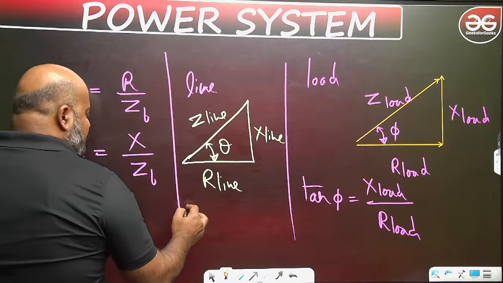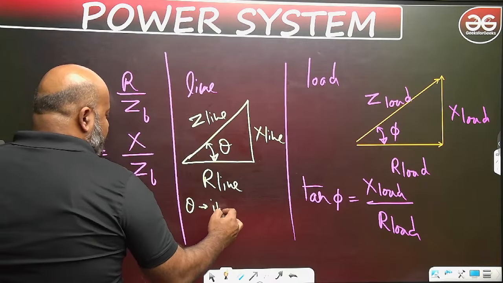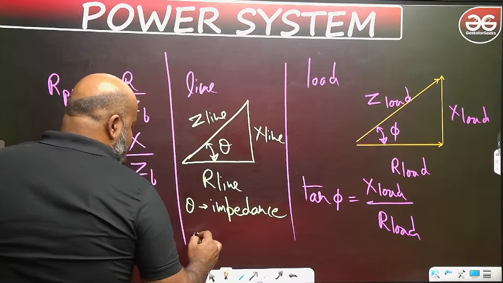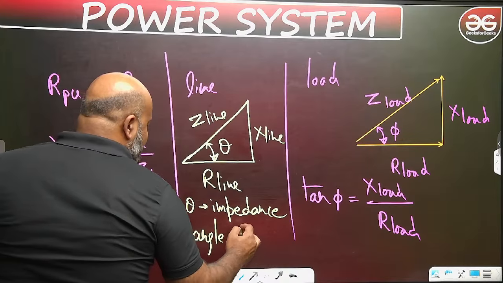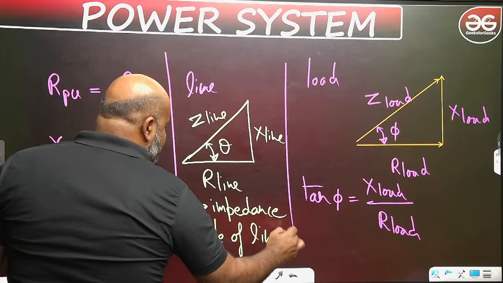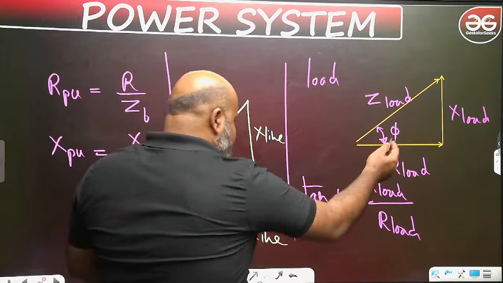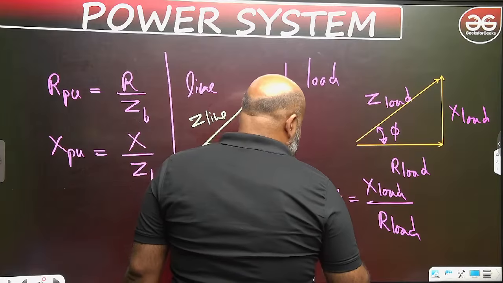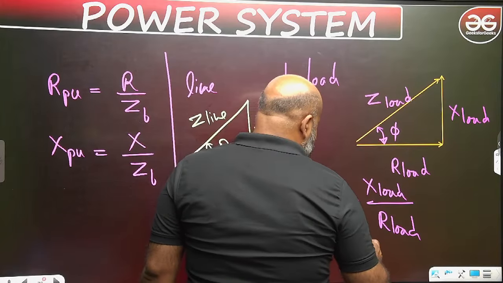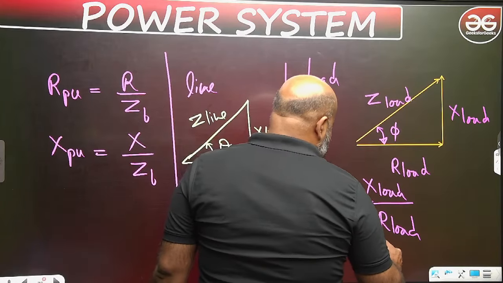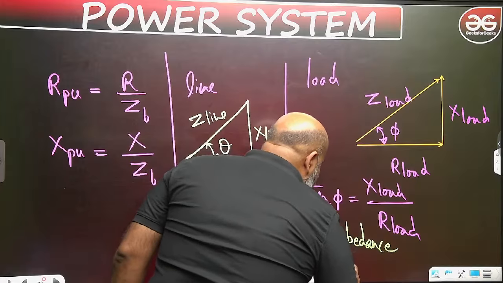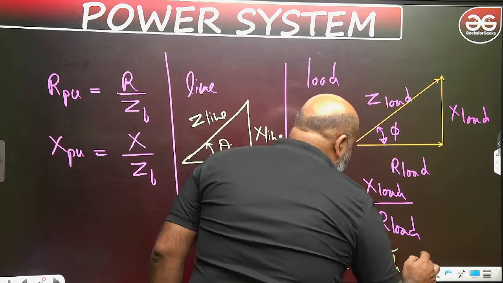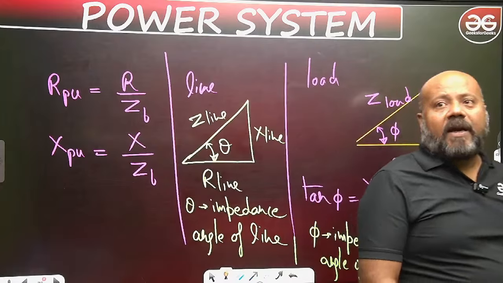What is theta? It is the impedance angle of the line. Sir, what is phi? It is the impedance angle of the load.